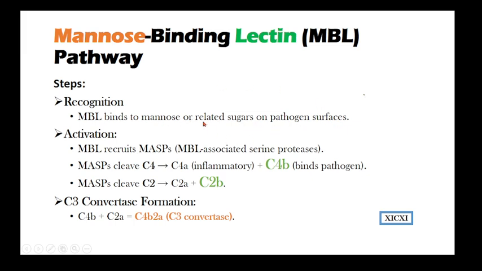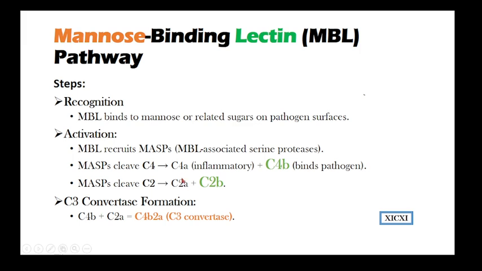This is activation. After activation, C4 is activated into C4A and C4B. C4A is inflammatory and leaves the cascade, and we remain with C4B, which binds the pathogens. Now this mannan-binding lectin also activates C2 into C2A and C2B.